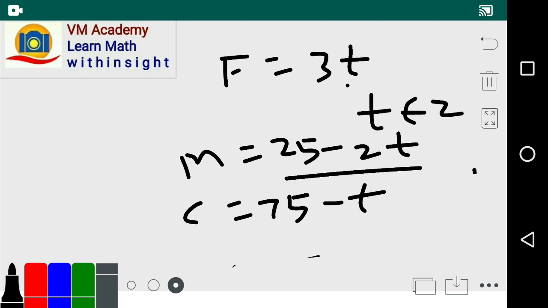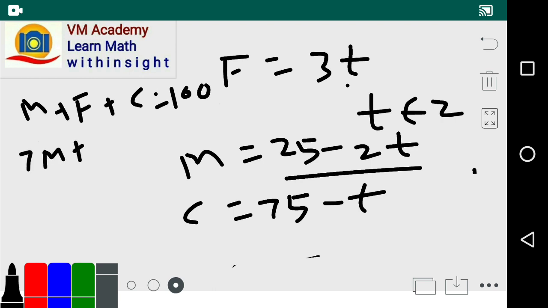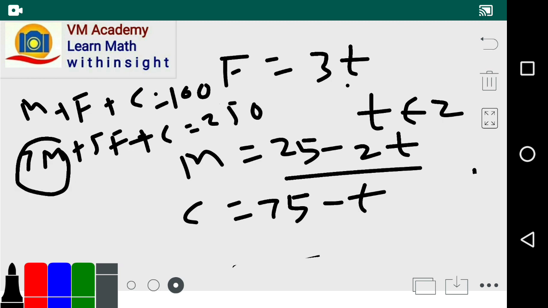We can easily determine the range, friends. So m plus f plus c equals 100, and 7m plus 5f plus c equals 250. Now what if these two are 0, friends, then the maximum value of f can be 250 divided by 5, that is 50.